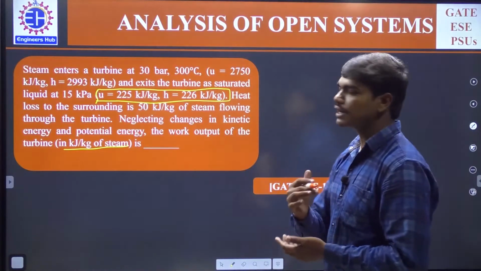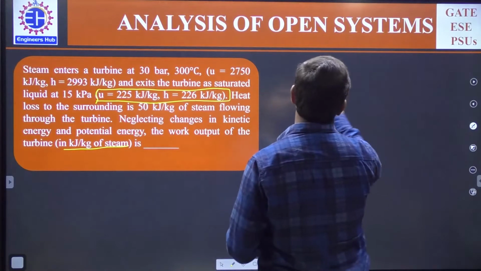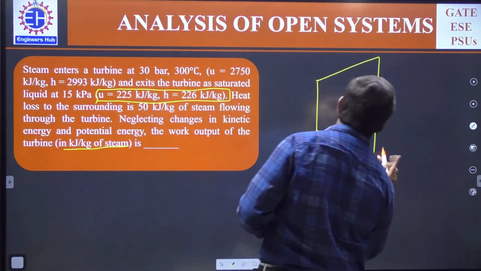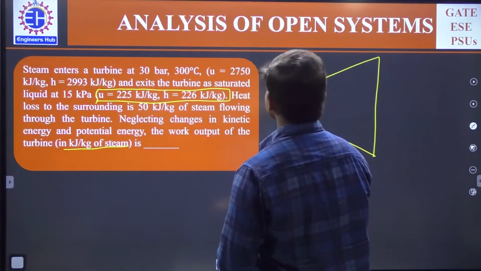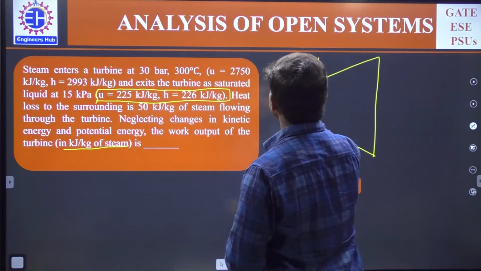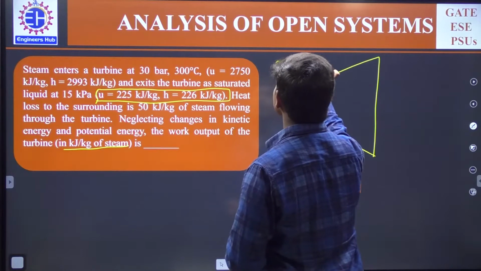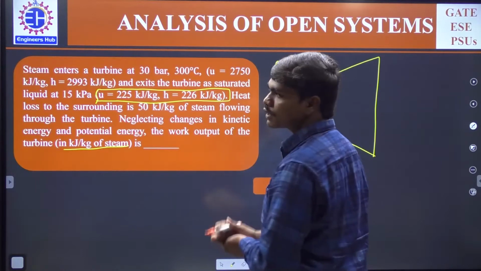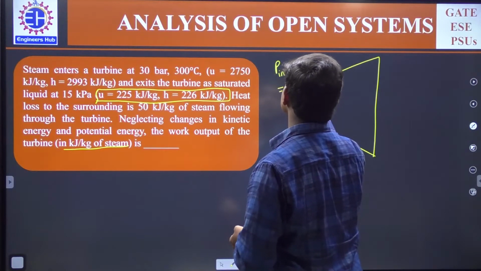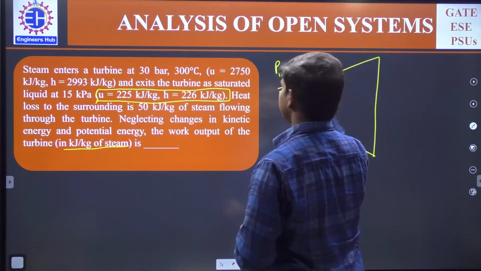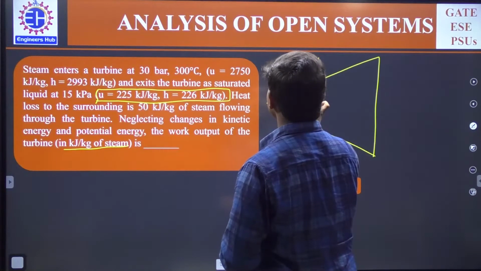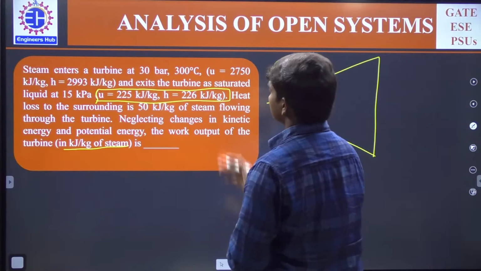Okay, so now let us see. There is one turbine. Steam is entering this turbine at 30 bar. So P at inlet is equal to 30 bar, and you know 1 bar is equal to 100 kilopascals. So 30 bar corresponds to 3000 kilopascals. Next, temperature T is equal to 573 Kelvin, because this is 300.